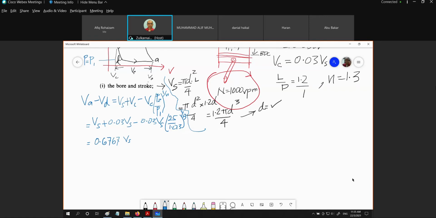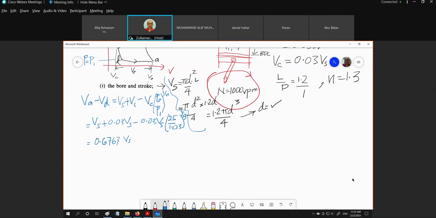So you get this, because if you write this, I can know the volumetric efficiency. The volumetric efficiency of this is 67.67%, from this VA minus VD. So it's quite small, meaning this compressor is not good. Never mind, let us see the value first.